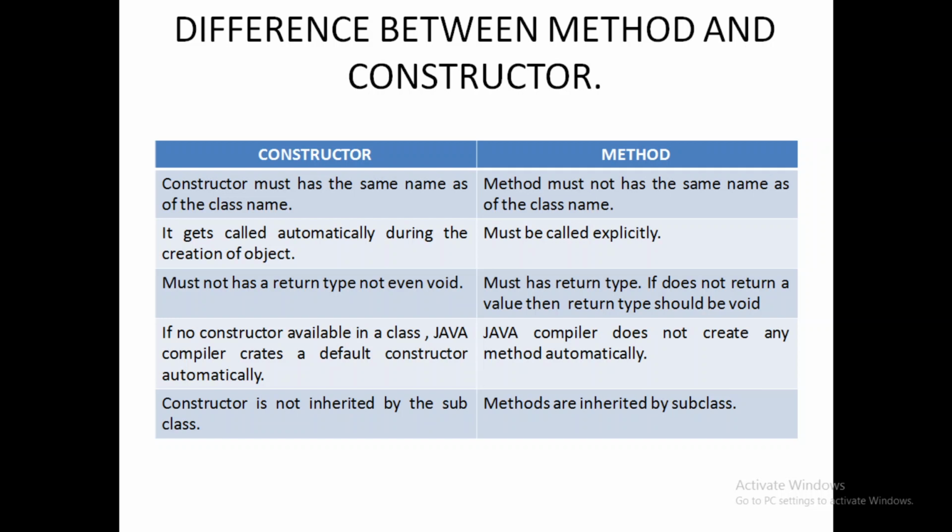Now, what this point says is that whenever inheritance happens, the subclass or the newly created class inherits the methods. It can take whichever methods are available inside the base class or parent class, but it cannot take or inherit the constructors which are available with the base class or parent class.